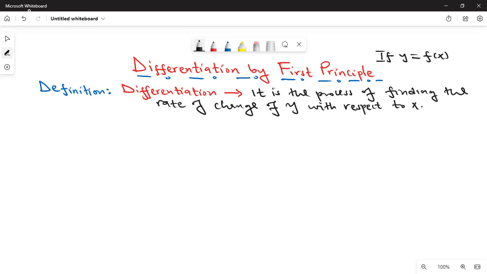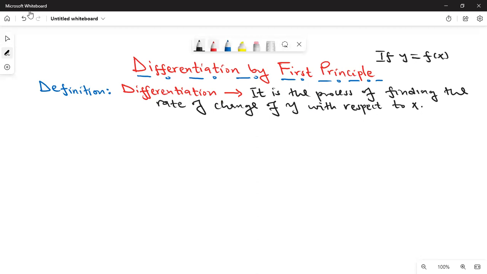The function can be any function, it doesn't have to be a function y. As long as you are finding the rate of change of that function with respect to the independent variable, then that process is what we are calling differentiation.